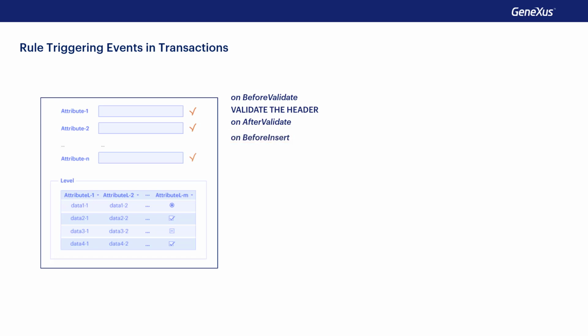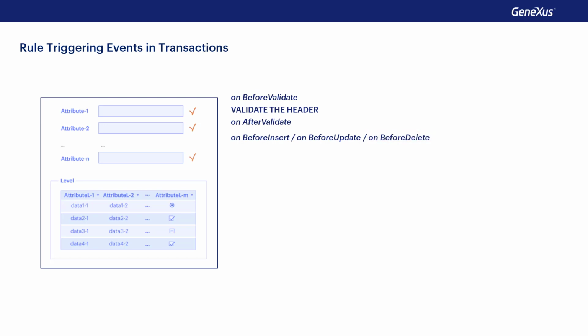If the recording corresponded to an update, the rules associated with the first level of the transaction that have BeforeUpdate triggering event will be executed. And if the recording corresponded to a deletion, the rules associated with the first level of the transaction that have BeforeDelete triggering event will be executed.